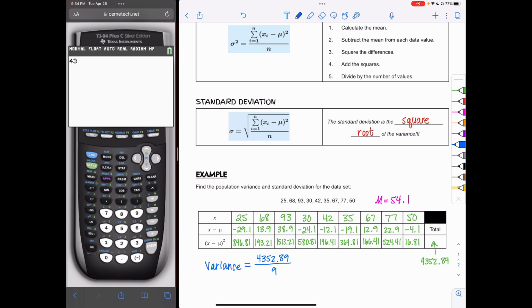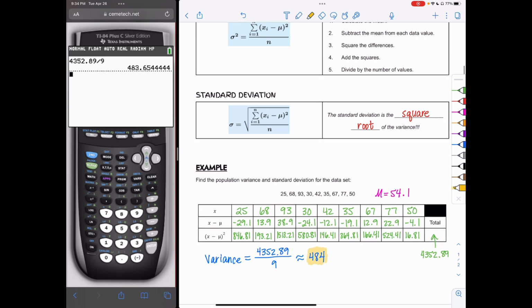And when I do 4352.89 divided by 9, I end up getting that my variance is approximately 484 in 3 sig fig.